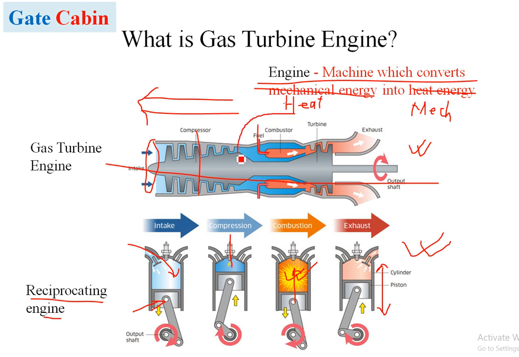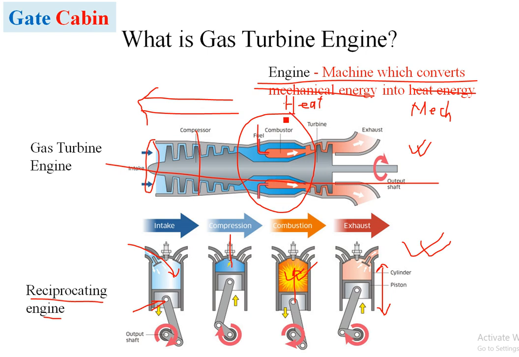The same kind of burning of a fuel is done in this particular combustion chamber, in order to produce even higher pressure and higher temperature. So a high pressure gas is actually burnt to produce high temperature. So in the combustion chamber we have high pressure and high temperature gas.